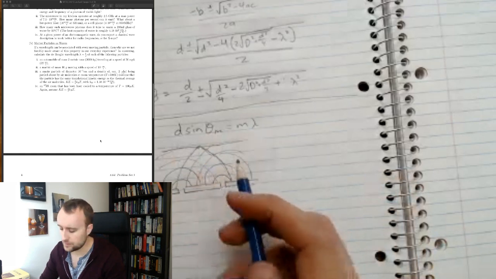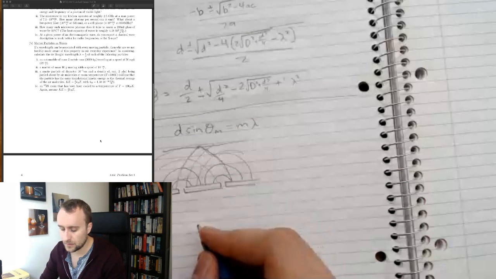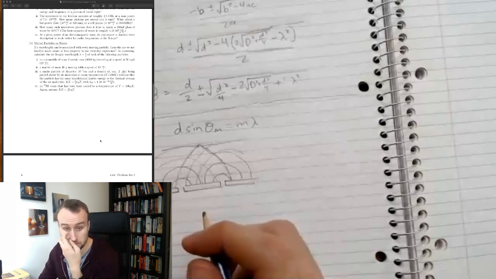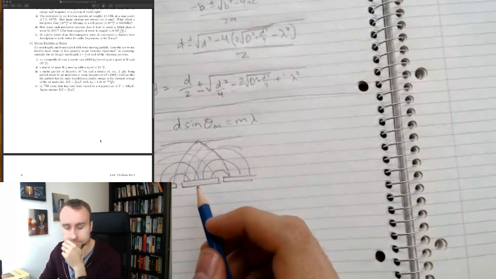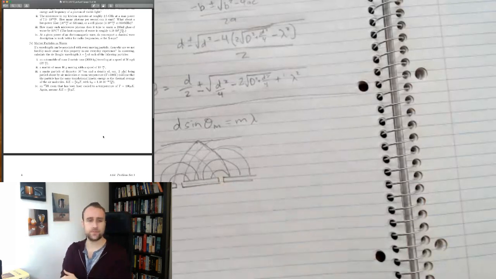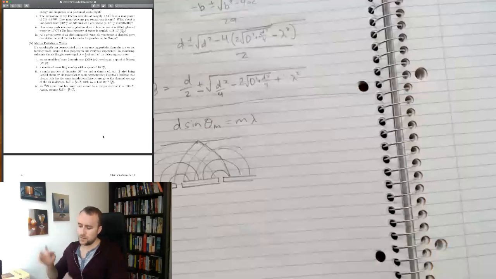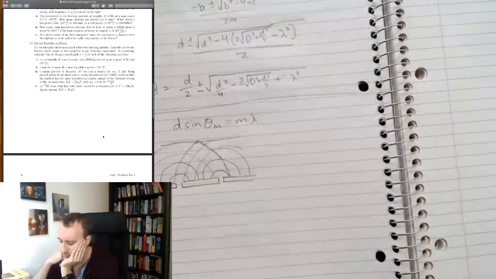M is the order of the maximum. Why is this true? Why is this the case?